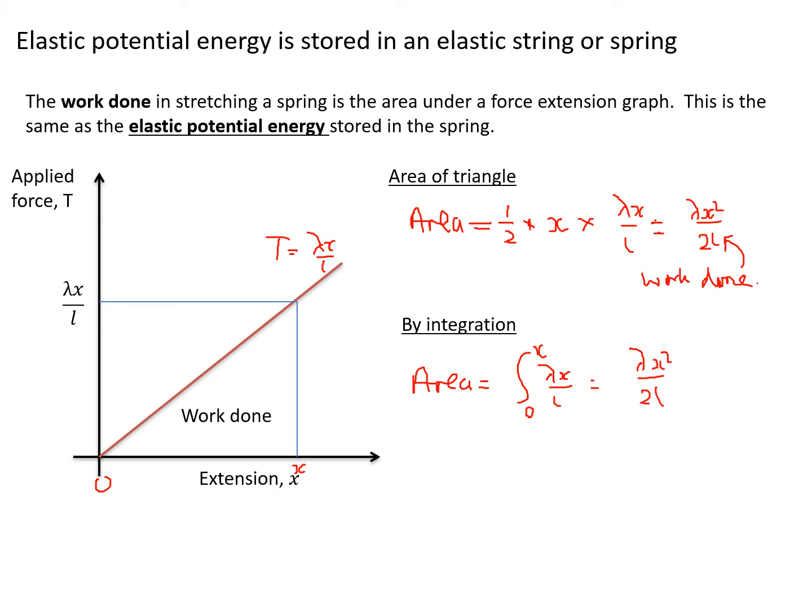Add 1 to the index and divide by that power. Put the square brackets in, put the limits there, 0 and x. And then if we substitute in that x, we're simply going to get lambda x squared over 2L minus 0. That's just going to be 0. But you can see we've got the same thing either way around. Lambda x squared over 2L.